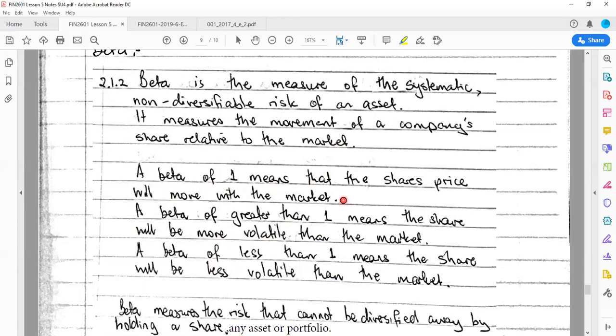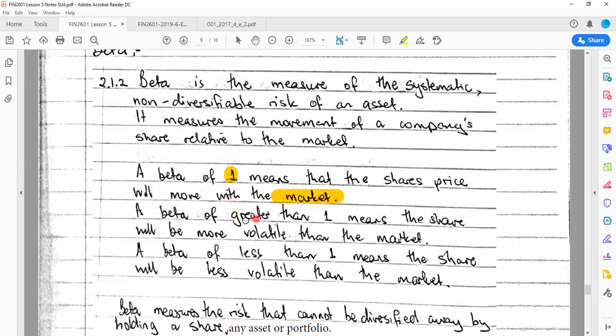So remember, beta is a measure of how risky an asset is relative to the market. If a share has a beta of 1, it means it has the same risk as the market.